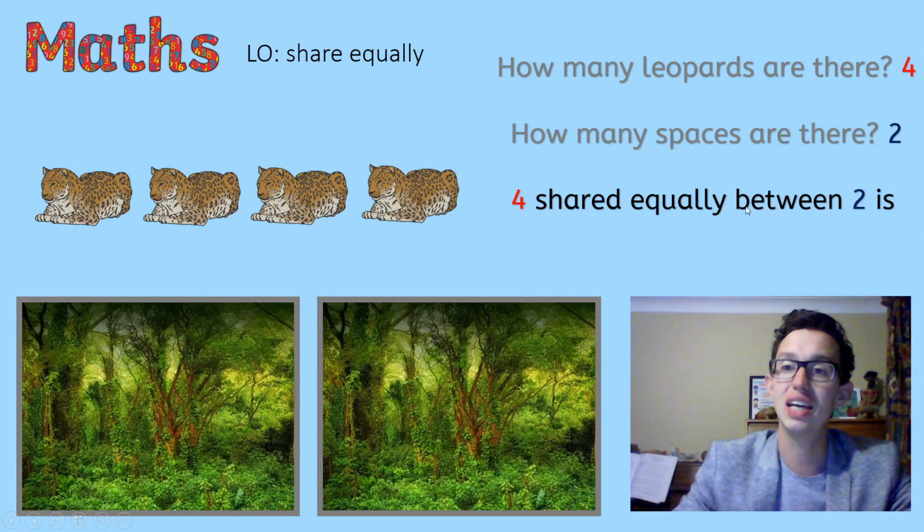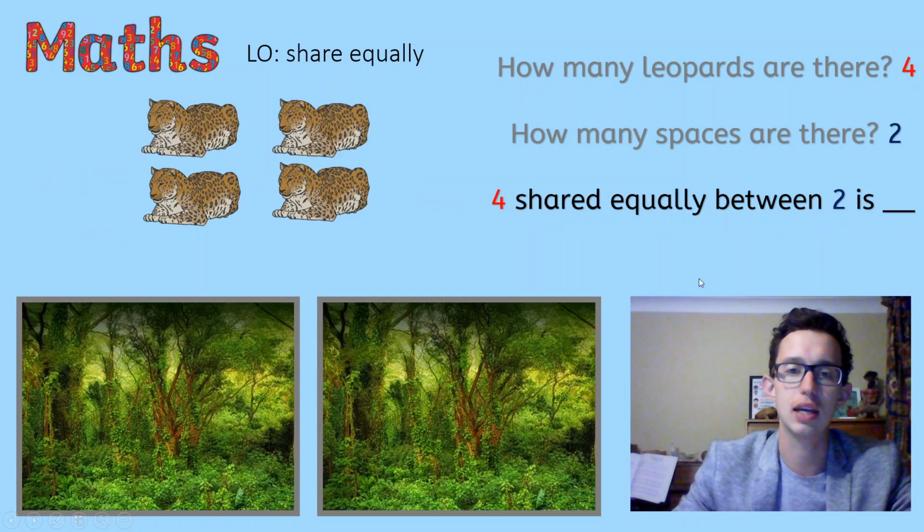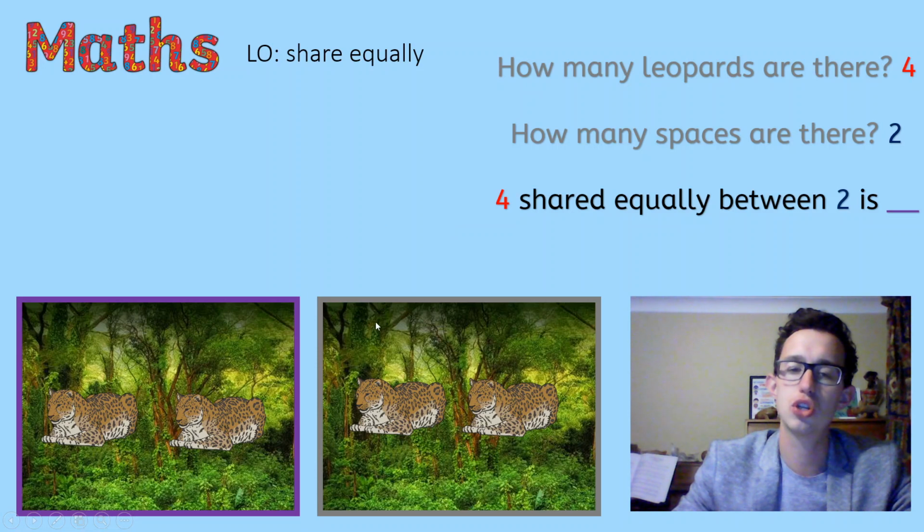4 shared equally between 2 is, and I've put them into an array now, that might help you a little bit. How many leopards are in just this purple one?